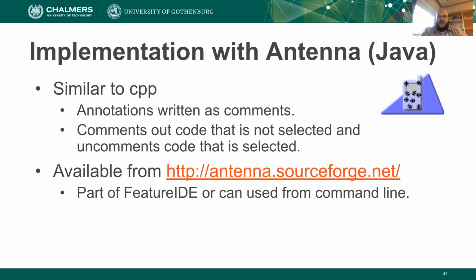So if the feature is deselected, it goes through and comments everything out and then runs the compiler. That way developers can edit Java code in their normal code editor and then quickly switch between different feature selections. The code is changed in place through this commenting system and is not generated in separate files.